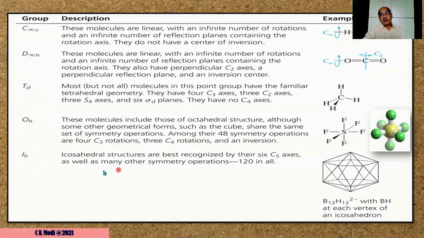Now for icosahedral, how many individual operations are there? A total of 120 individual operations are there. Therefore, they are called polyhedral molecules, like tetrahedral, octahedral, and icosahedral. The term symbol or point group of this molecule is tetrahedral Td, for this molecule octahedral, and this is called icosahedral.